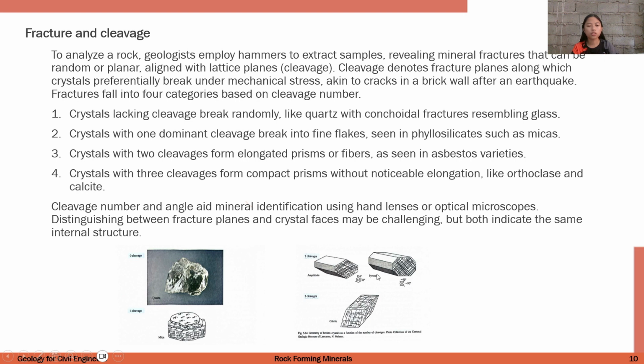Fourth, crystals with 3 cleavages form compact prisms without noticeable elongation, like orthoclase and calcite, like this. Cleavage number and angle aid mineral identification using hand lenses or optical microscopes. Distinguishing between fracture planes and crystal faces may be challenging, but both indicate the same internal structure.